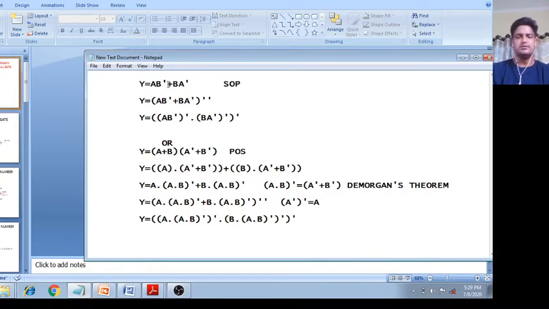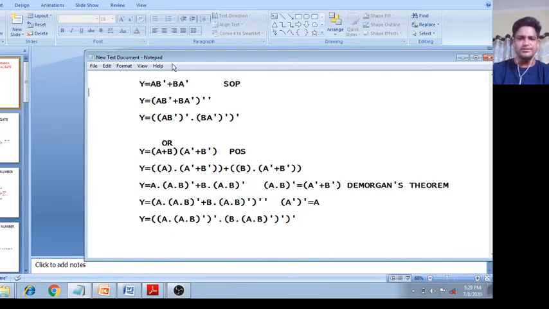First you have to implement by using NAND gate. So in this case you need dot, means AND term, but the plus term is not required.